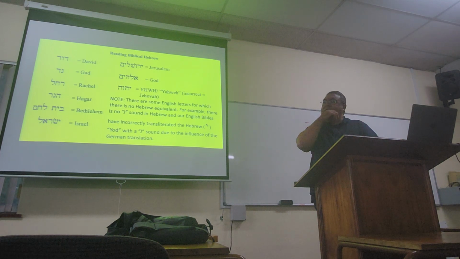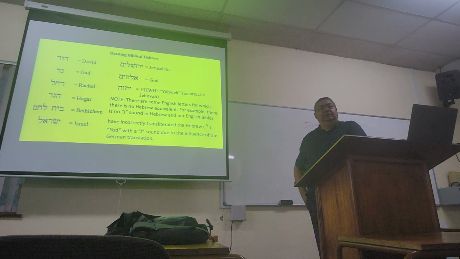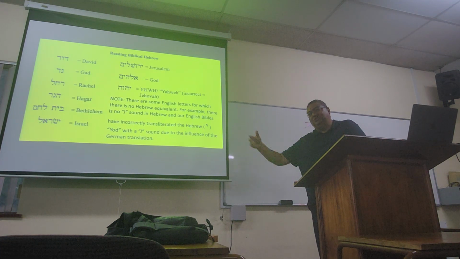But what does that mean if I'm saying that English has got the letter J but not Hebrew? Then that means all the names that we have in our English Bibles that start with the letter J are pronounced wrong. Like Jerusalem, Jesus, Jehoshaphat. Okay, Jesus is New Testament.